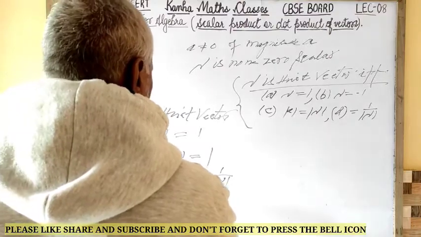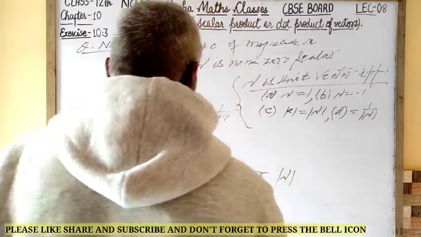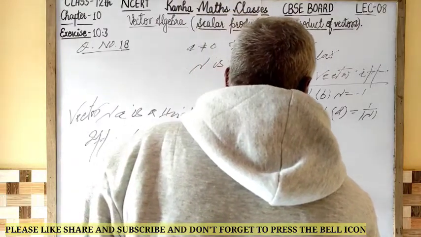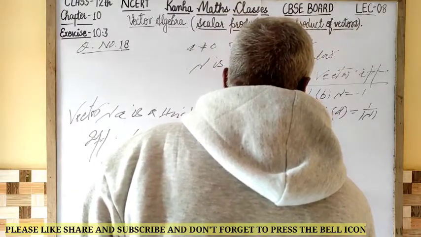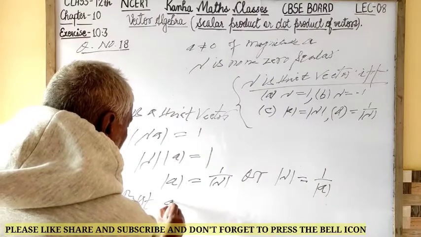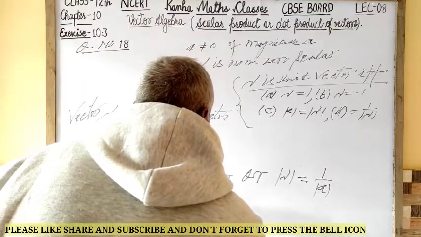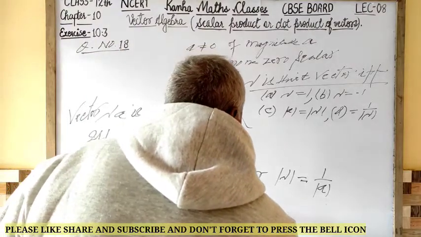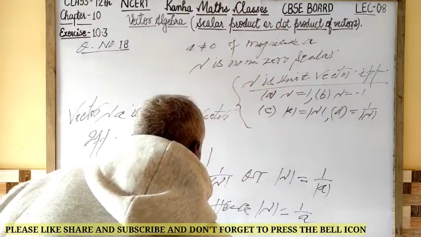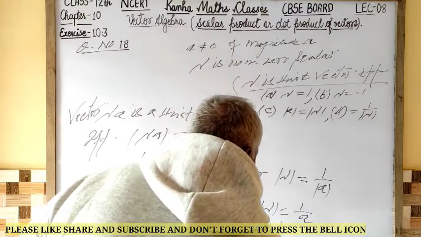Then mod of vector A times mod of lambda is equal to 1, but mod of A is equal to a, hence lambda is equal to 1 upon a, or a is equal to 1 upon mod of lambda. This is to be proved.